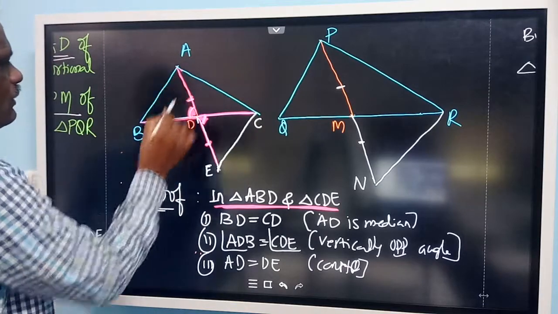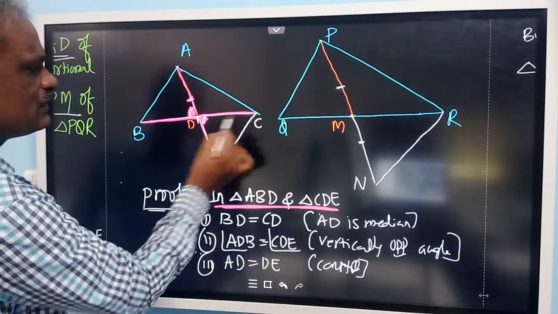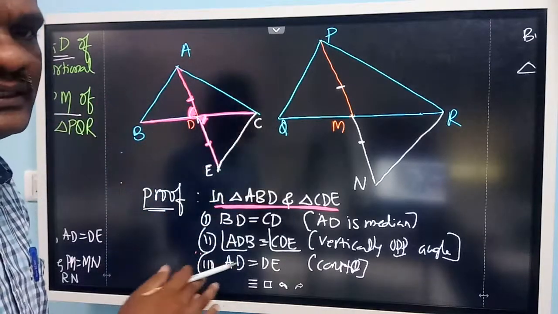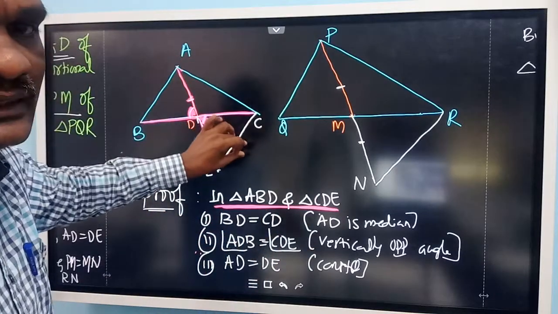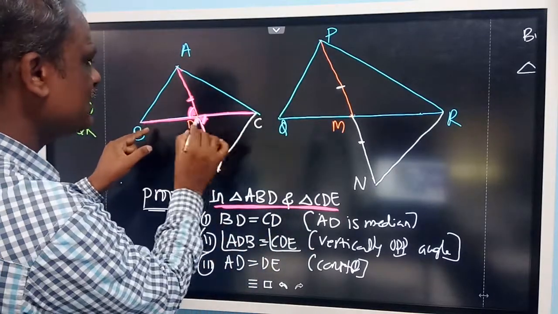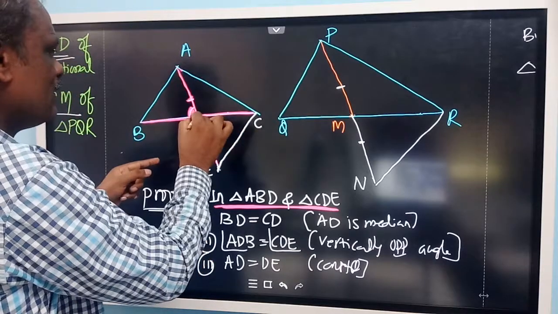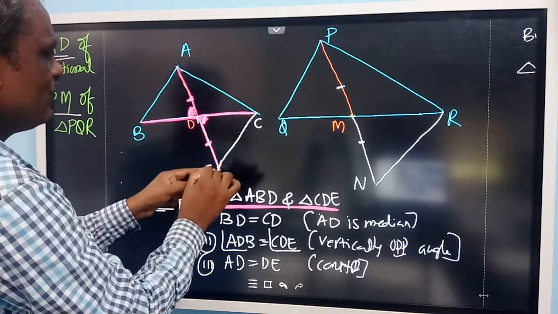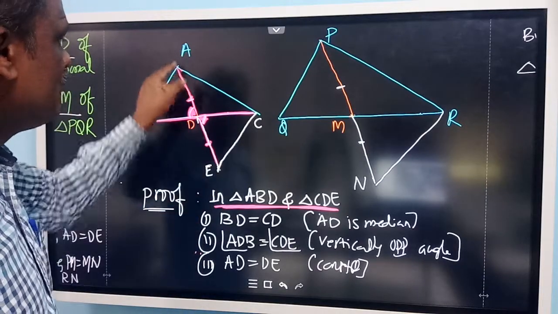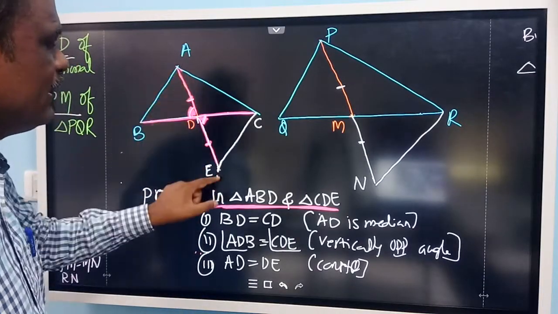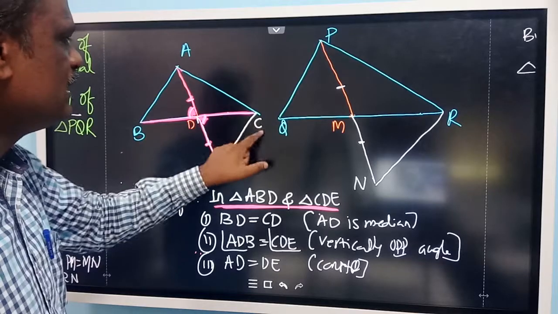Look at this. If you overlap each other, take out this triangle and place it on this triangle. Since BD and DC are equal, B will coincide with C. And since AD and DE are equal, A will coincide with E. So they are the corresponding vertices. A to E, B to C, and D to D.